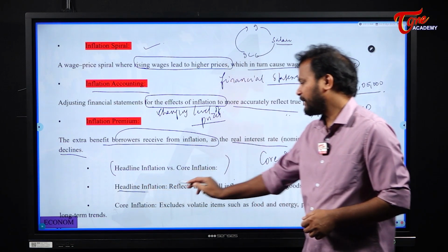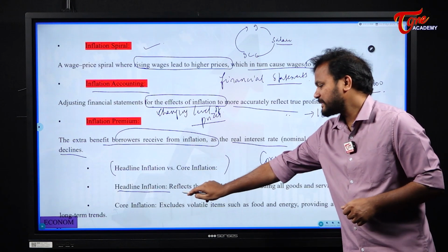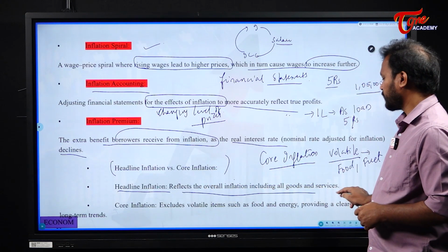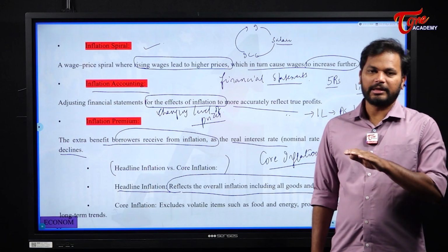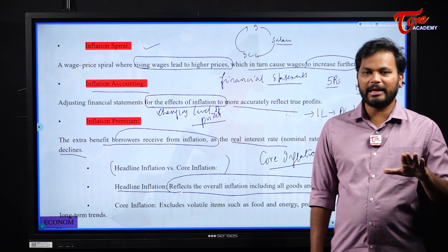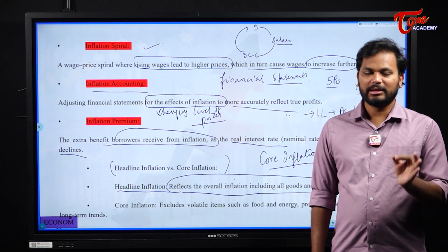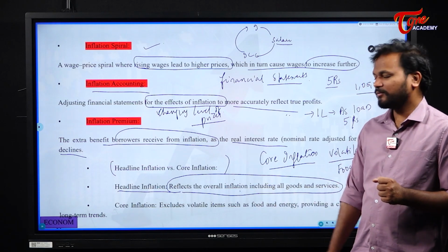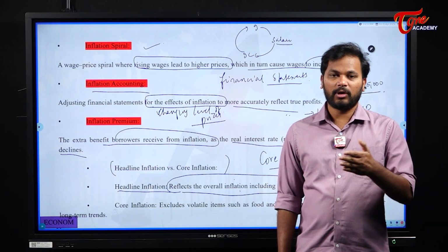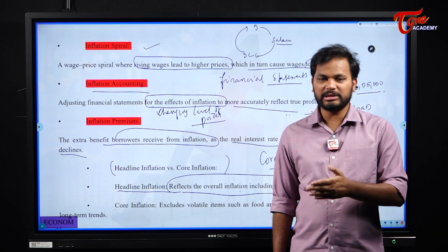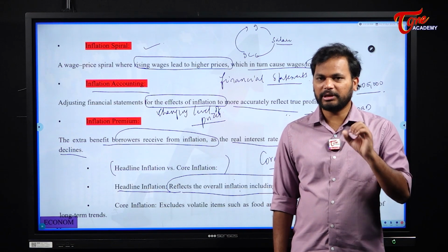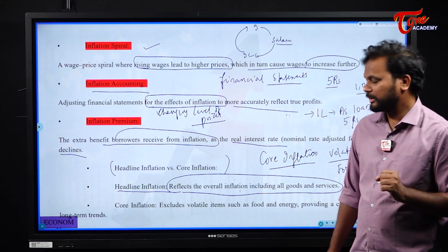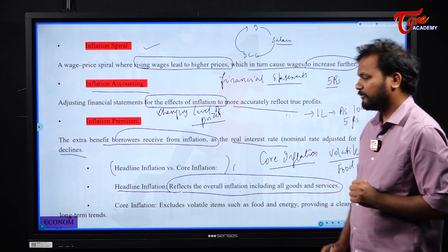Next, the headline inflation. It reflects the overall inflation including all goods and services. It does not exclude any goods and services. It includes the volatile items like fuel, food, etc., giving the total picture or the total calculation of inflation.